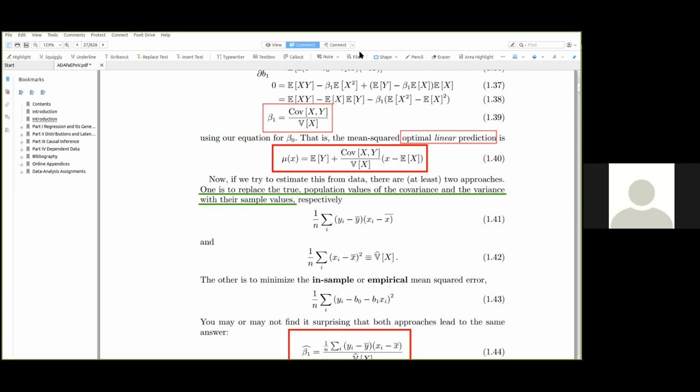So what you're saying is, the covariance of x comma y, this is hat because this is what you're getting from the data set, tends to the true covariance of x comma y. Similarly for variance. That's the assumption we are making, that our data set is large enough to obtain values for covariance and variance which are close to the true values. So we can directly get the line.